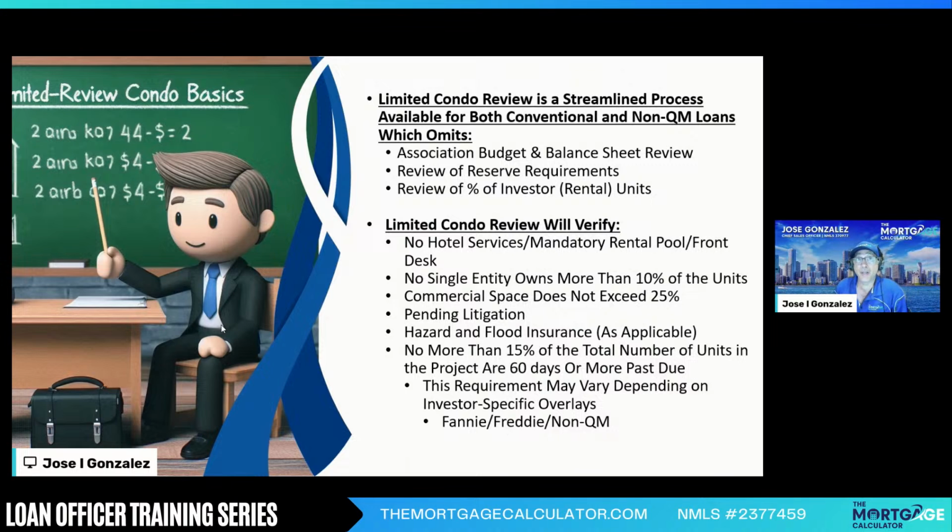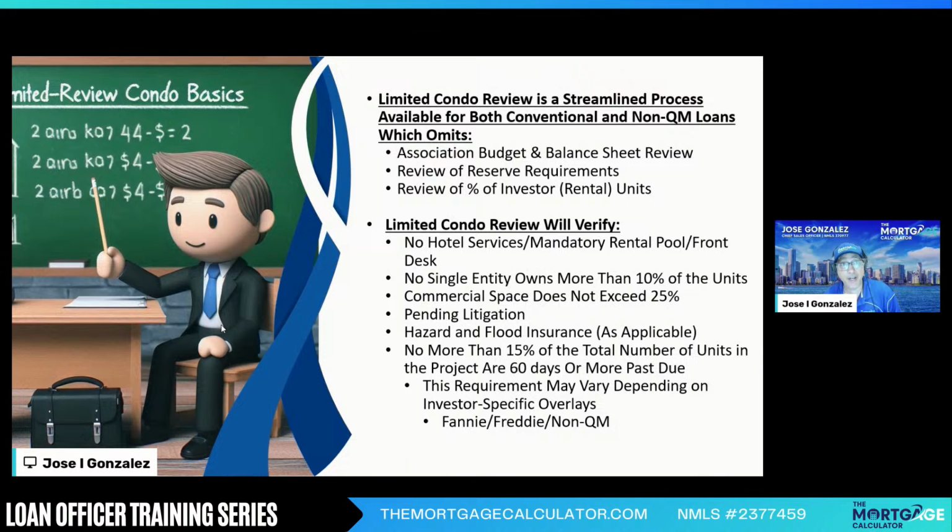It is a streamlined process which omits association budget and balance sheet review. Super important there. That's the number one culprit of why a condo would not be able to be financed under a regular review option, because they may have a deficiency in the reserve account. That's the big one.